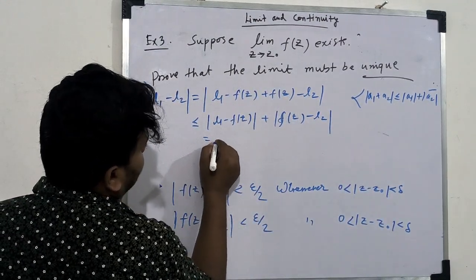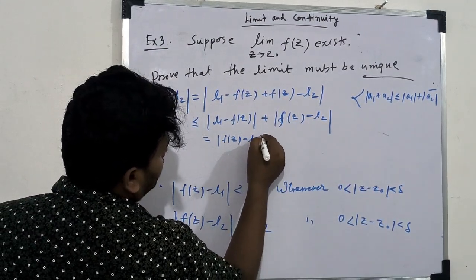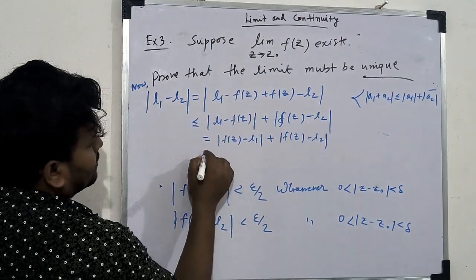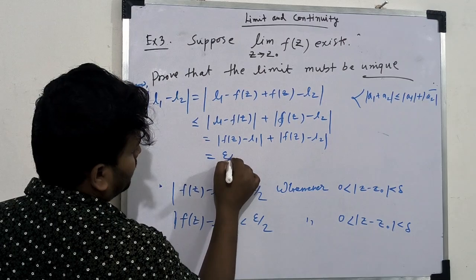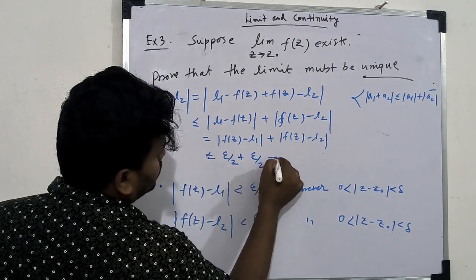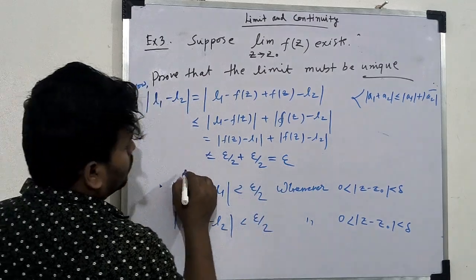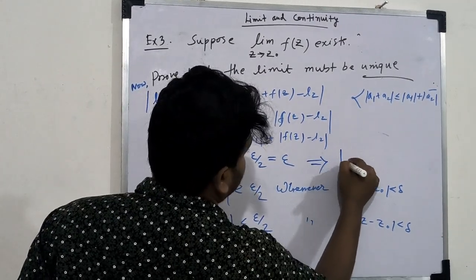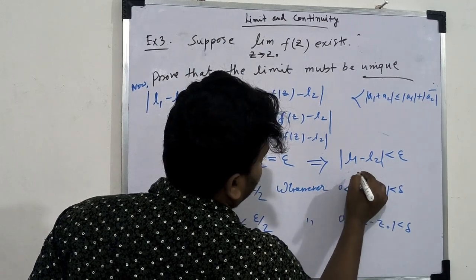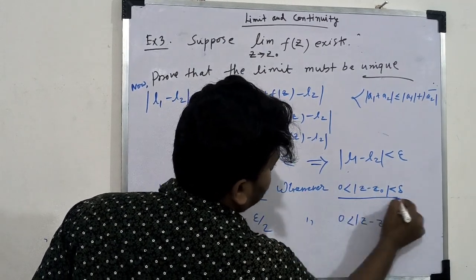It can be written as modulus of f of z minus L1 plus modulus of f of z minus L2. By putting in the values, we get epsilon by 2 plus epsilon by 2, so this becomes epsilon.